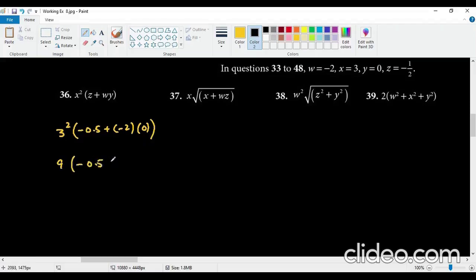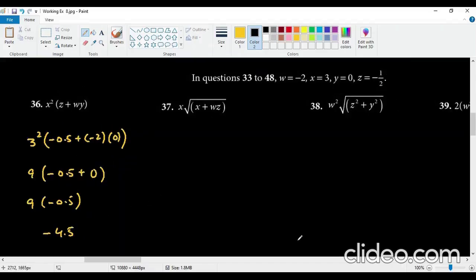So this 3 squared is going to give you a 9 minus 0.5 plus minus 2 times 0 is a 0. So 9 times 0.5 is going to give you, in calculation, 4.5 negative.